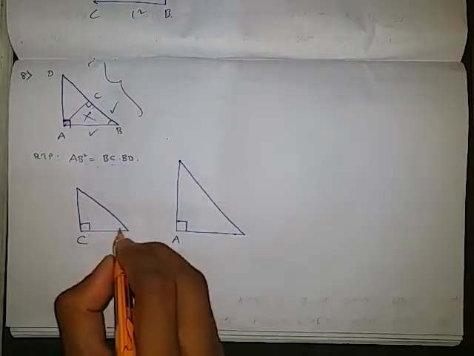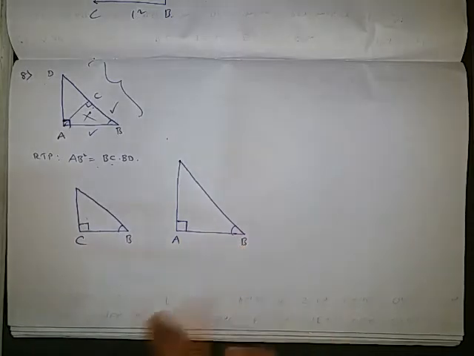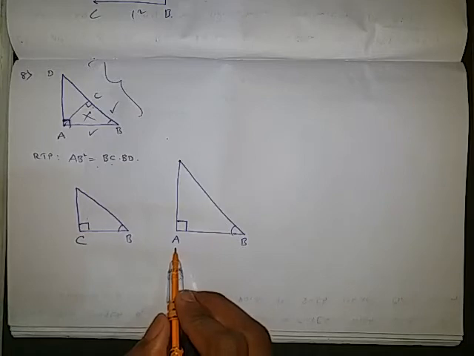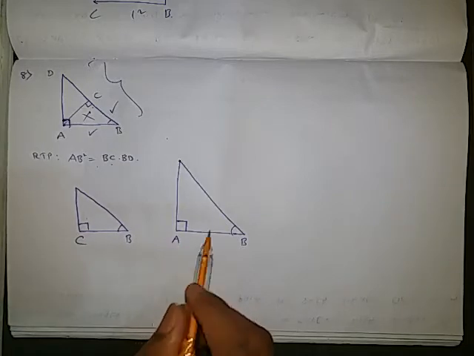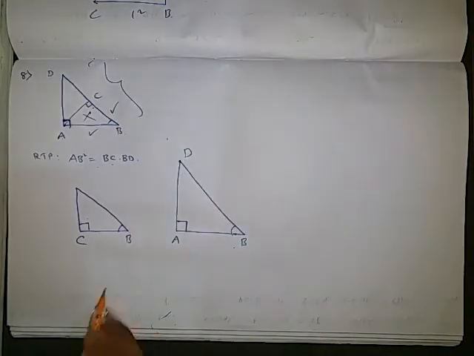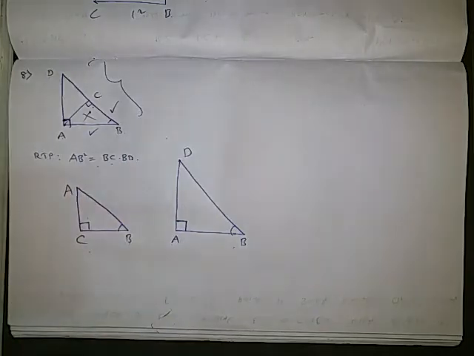So if I am taking this as angle B, obviously this should be angle B because of corresponding angles. So now here the total triangle is ABD, right? So AB completed, now remaining is D. Next, small triangle BCA, BC completed, so remaining is A.